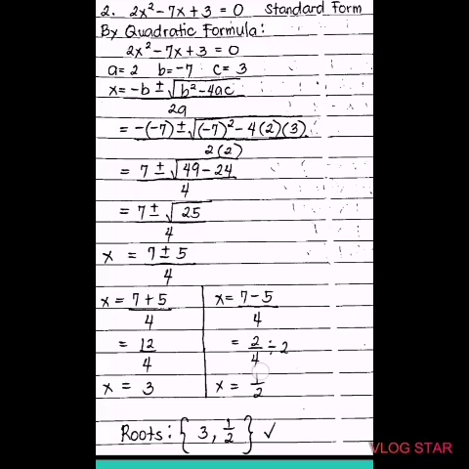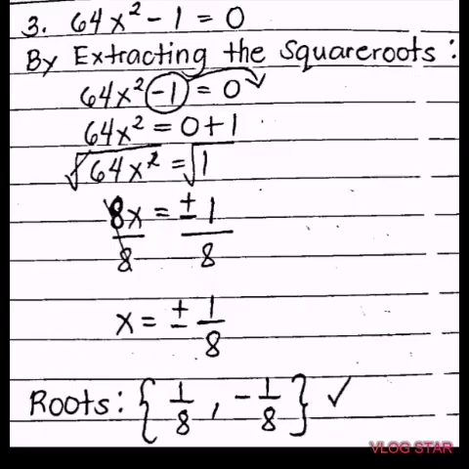So, 2 over 4, we can simplify this by dividing both numerator and denominator by 2. Therefore, we have now 1 half, because 2 divided by 2 is 1, and 4 divided by 2 is 2. So that's why it is 1 half. Therefore, the values of x are 3 and 1 half, or the roots now are 3 and 1 half.